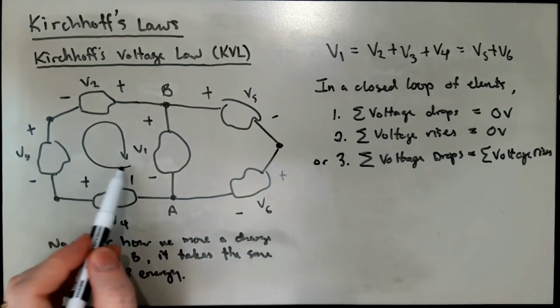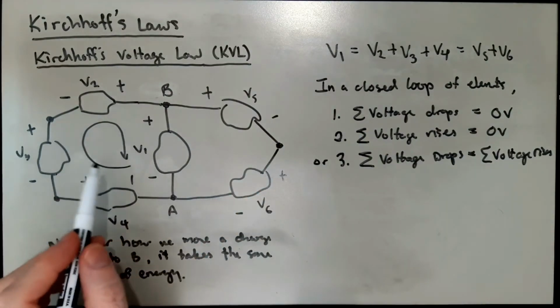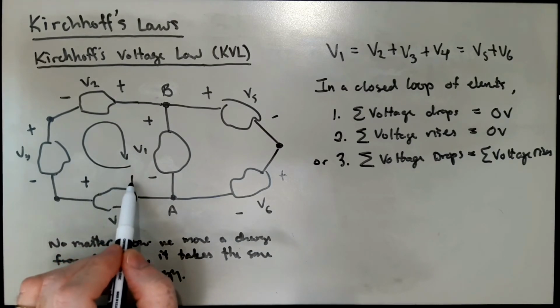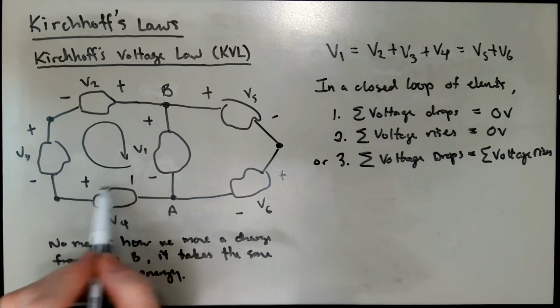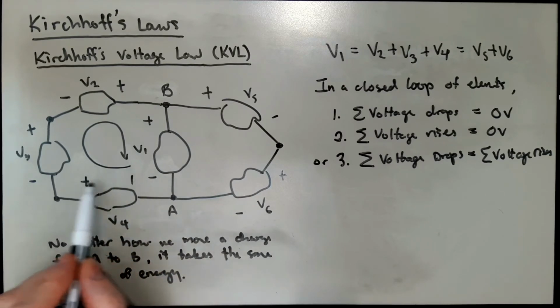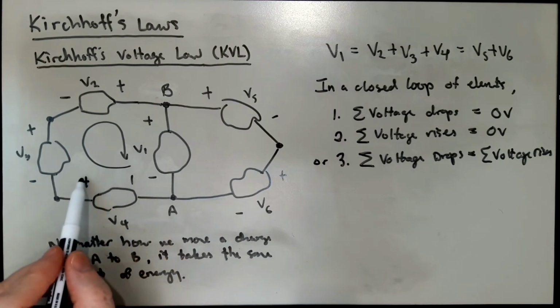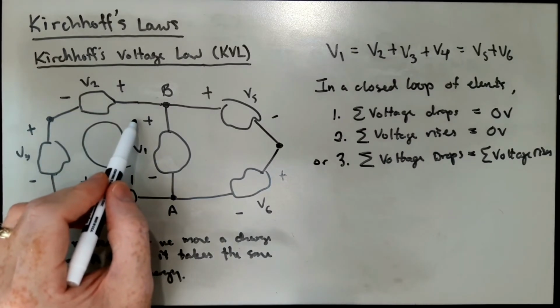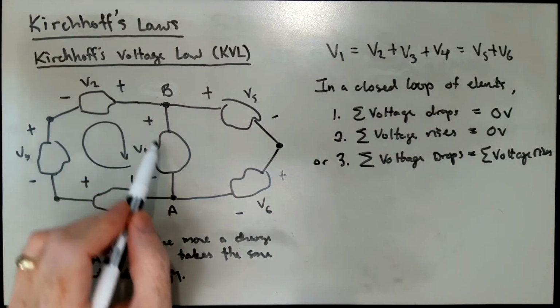So as I go around the loop here, let's say, if I meet a minus sign as I traverse an element, that would be a voltage rise because I'm going up from a negative potential to a more positive potential. If, on the other hand, I meet a plus sign first, that means I'm going to be dropping the voltage.